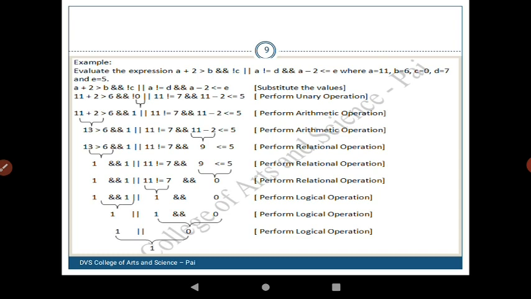We need to perform the relational operation from left to right along with following their priority, and hence 13 greater than 6 will be the first to be evaluated. The result will be 1 since 13 is greater than 6, which is true. Now the resultant expression will be 1, logical and 1, logical or 11 not equal to 7, logical and 9 less than or equal to 5.